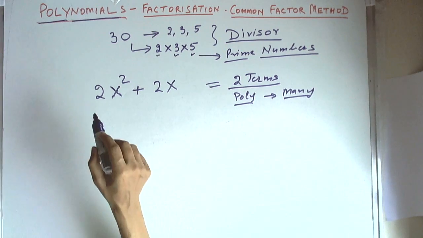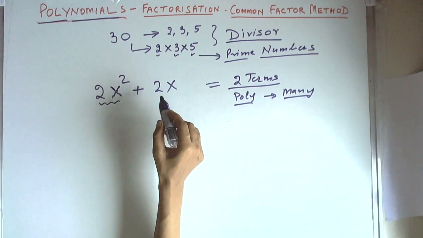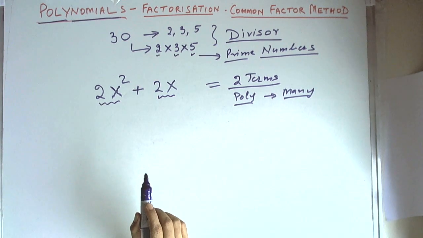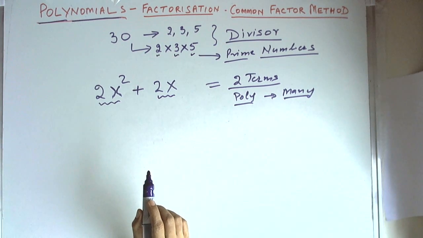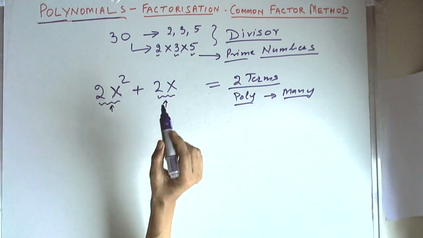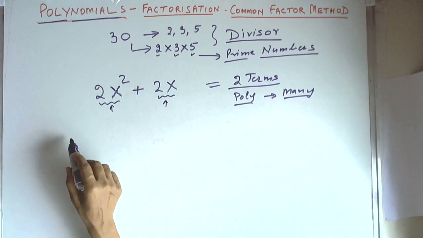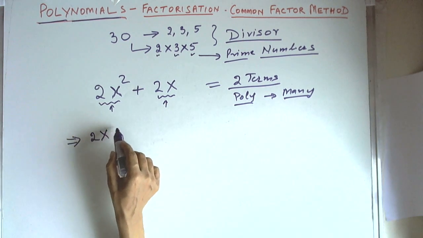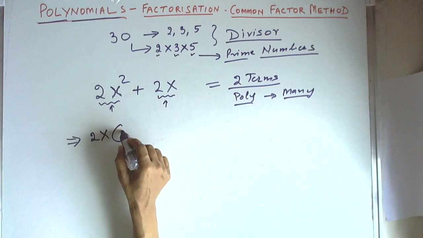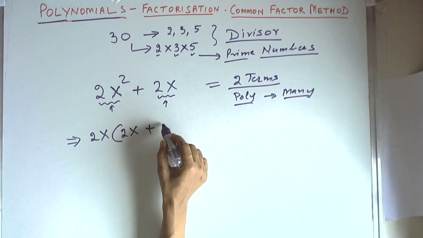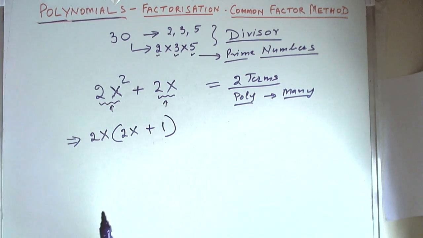Now in this, what do we find? If we inspect this polynomial, we find that 2x is common to the first term as well as the second term. And therefore, if we take 2x out, we are left with x inside in the first term, and in the second term we are left with only 1.